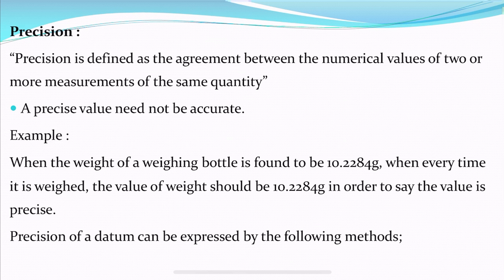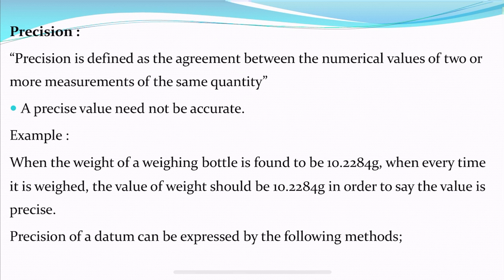That was explained, and further what is meant by indeterminate errors. These are the errors which cannot be determined or predicted, so they are also called random errors or accidental errors.